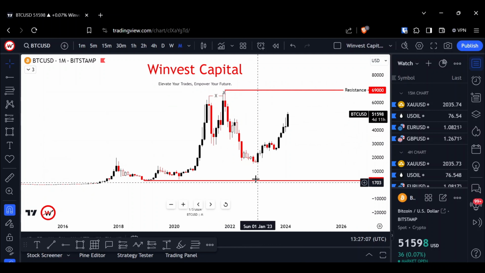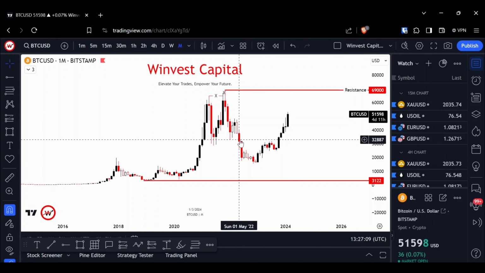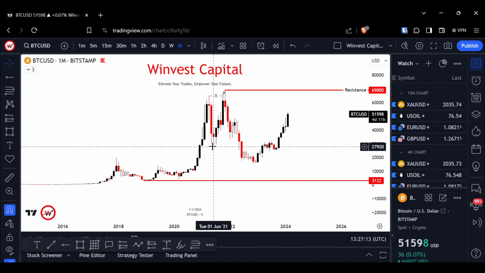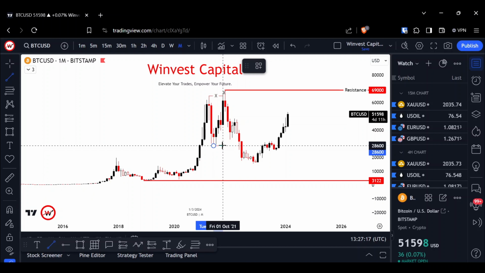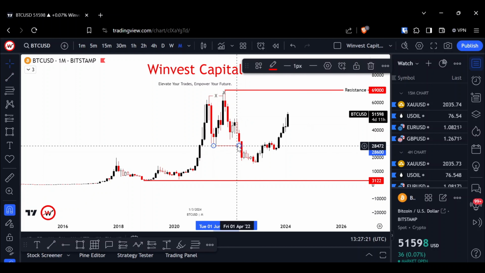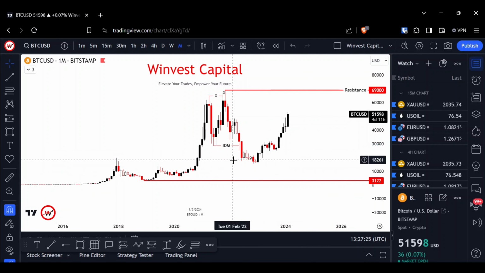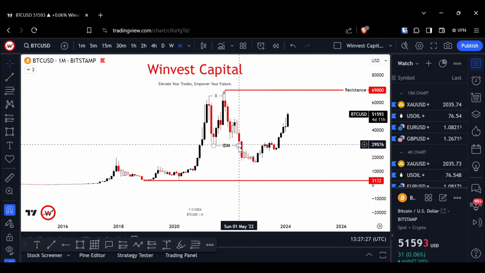Because this is the new high, the inducement changes from here over to here. So we'll mark this as the inducement. The inducement is another word for the pullback, IDM. And you see that it made a sweep over here.